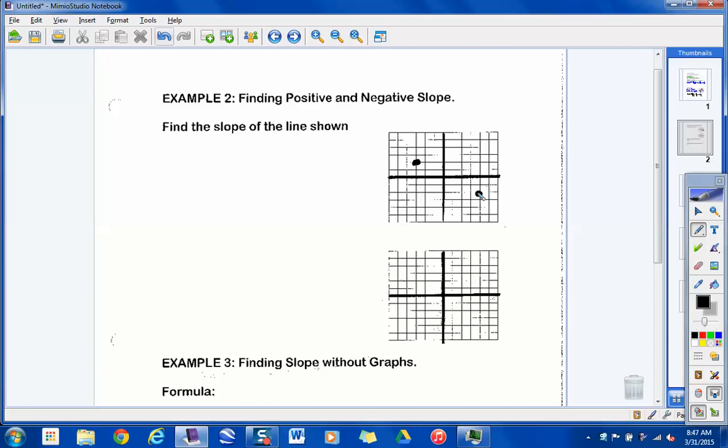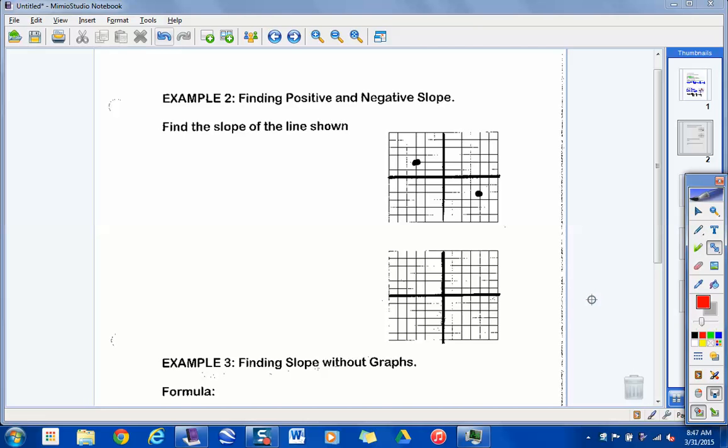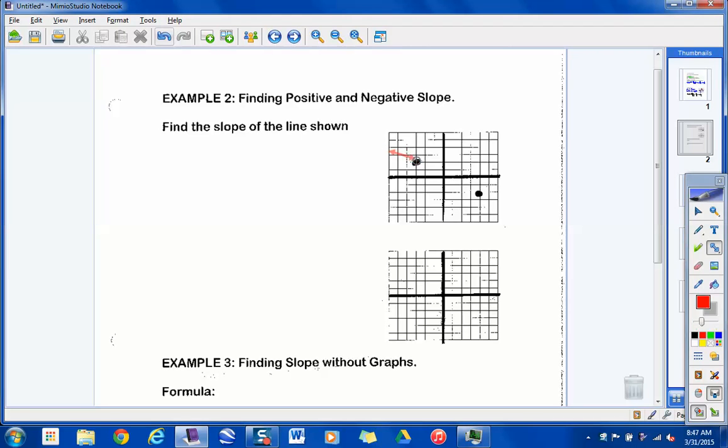Go ahead and draw that line. So the first point, you go left 4 up 2 units. Left 4, up 2, right 4, down 2.